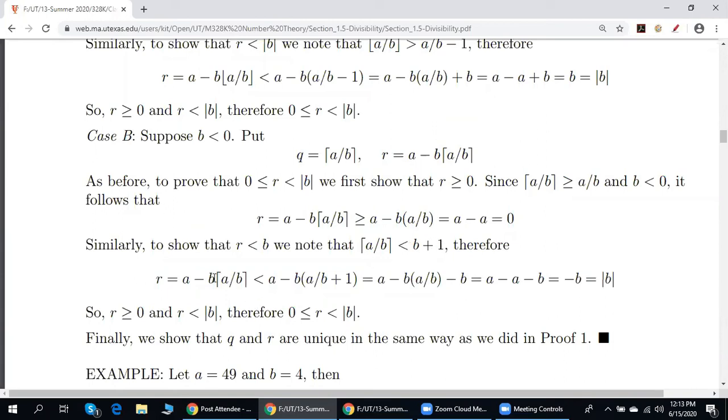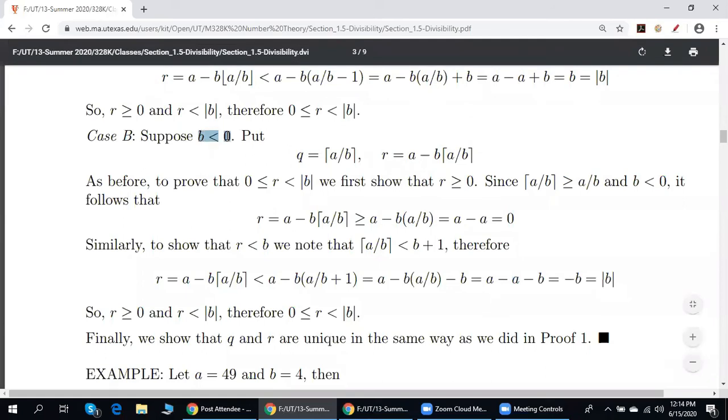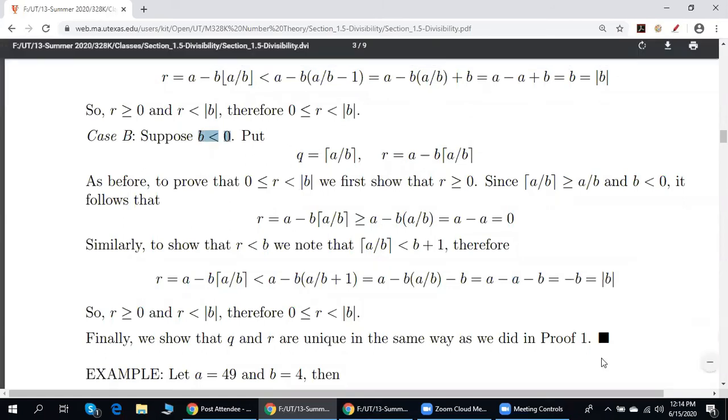So we replace this by a divided by b plus 1, expand parentheses, cancel out b, cancel out a, the result is negative b, but remember b is strictly lesser than 0.